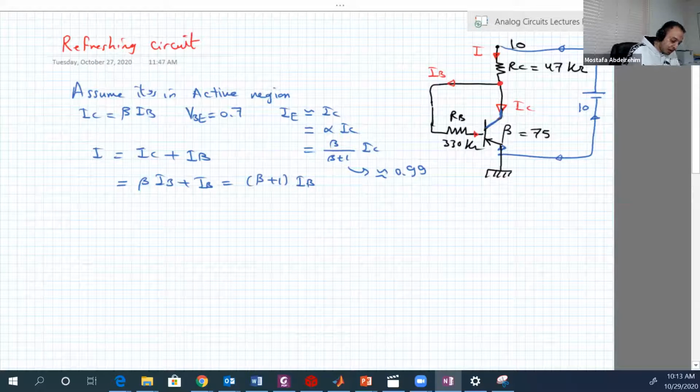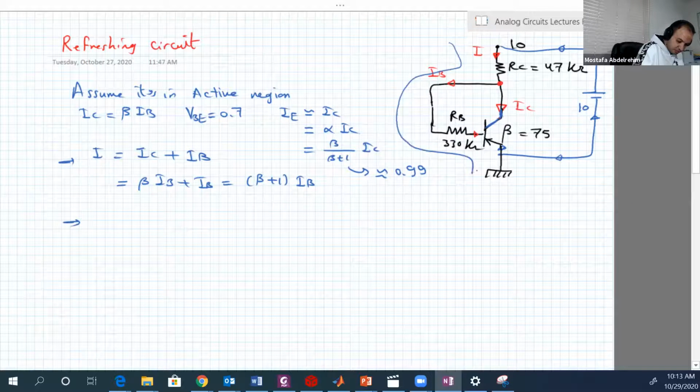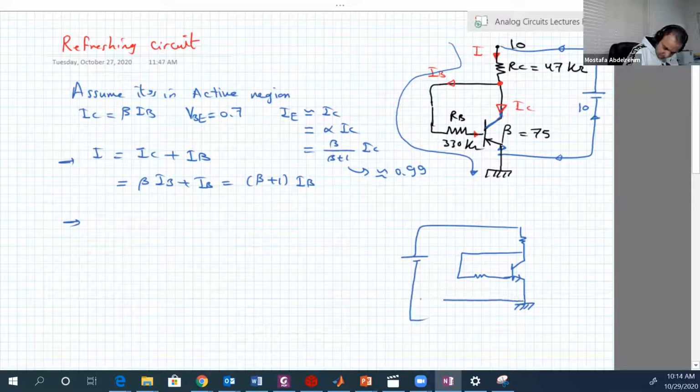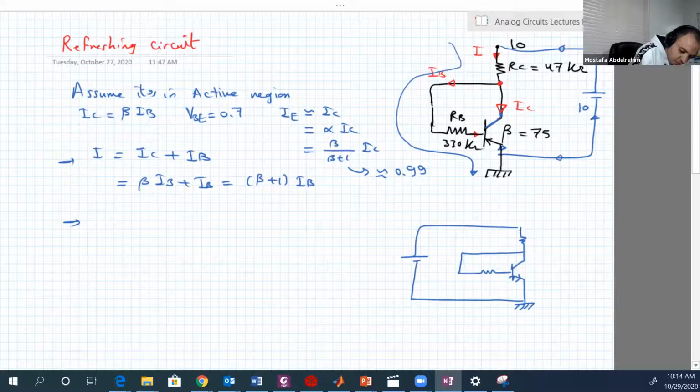Okay, so let's apply Kirchhoff at this outer loop here. If you cannot imagine it, I will draw it again for you. And we can draw the battery like this: 10 volt, here is RC, here is RB, and here is the 0.7.